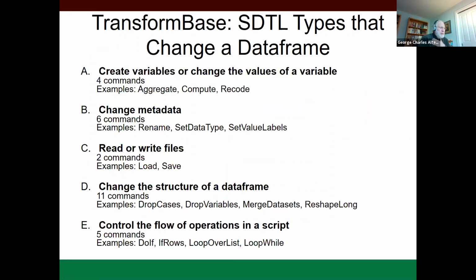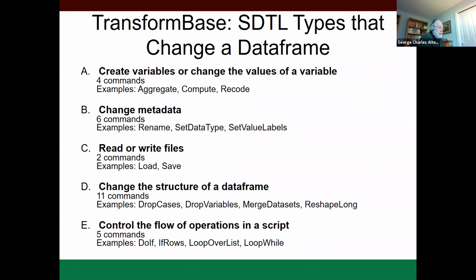So this is probably the thing that you're most interested in, which is the commands. What can they do? So SDTL commands can create variables, change the values of variables, compute, recode. SDTL also has commands for managing metadata, like value labels and data types and print formats.